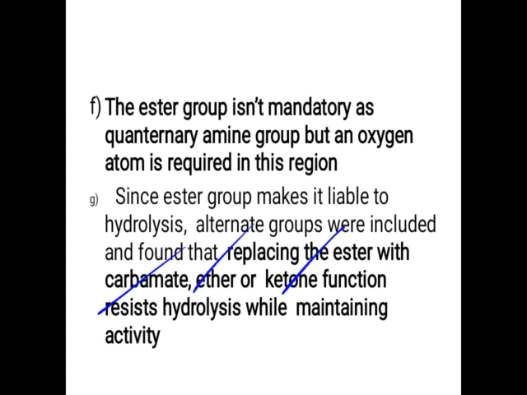All these groups have oxygen, so we maintain the position of oxygen and only change the ester part into carbamate, ketone or ether, so that it resists hydrolysis and can maintain the activity.